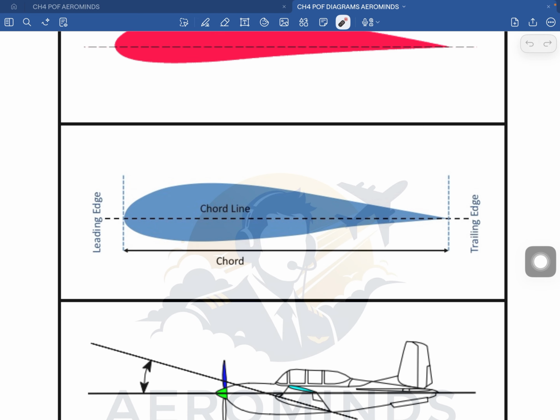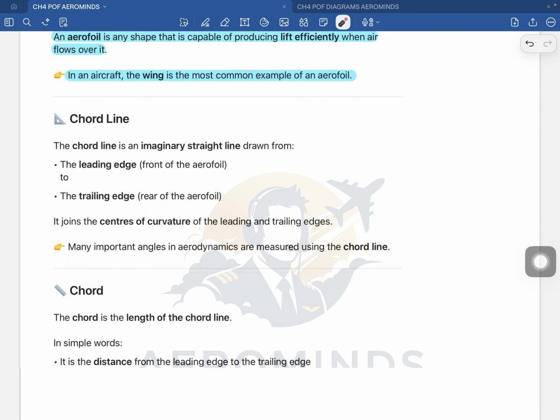Got it? Now why is the chord line very important, if you ask? Because many important angles in aerodynamics are measured using the chord line. Okay, many aerodynamic angles.